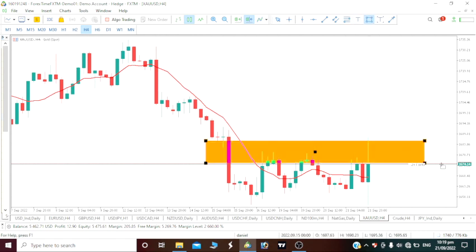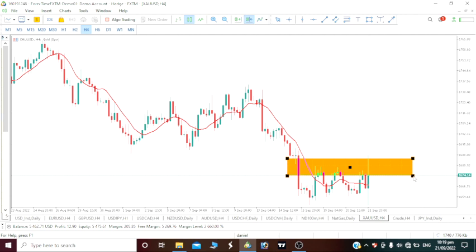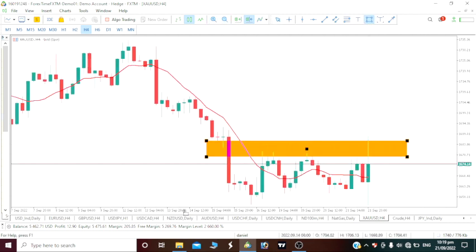We are ranging, and one rule of trading is that you should trade what you see and not what you think. So what we clearly can see here is that this gold is ranging. So there's only one movement we should be making: range with the market. Price came to this level, then it bounced up.